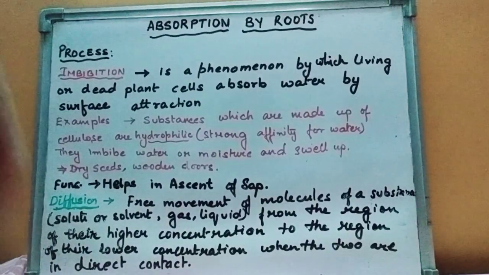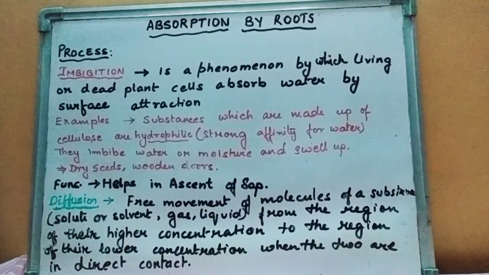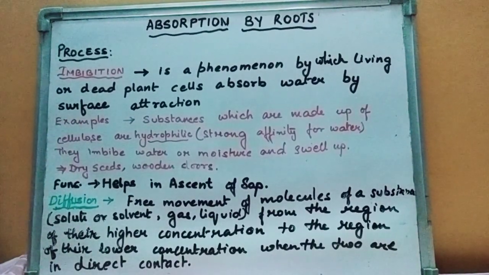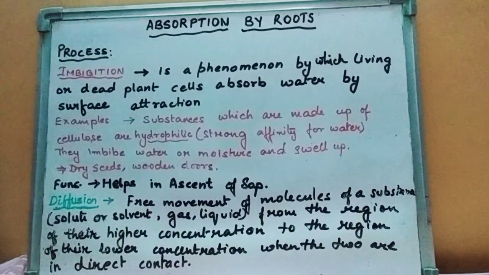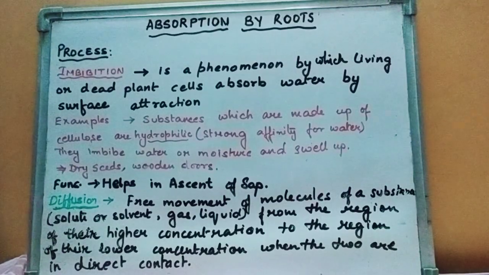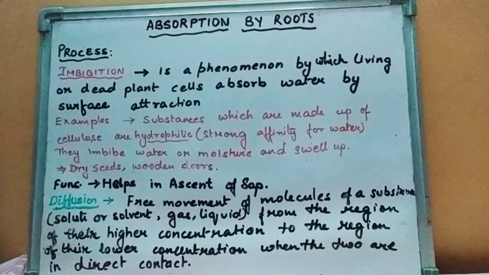Now this full process is called ascent of sap, that is the movement of the water and minerals. They are mainly in the upward direction, as roots absorb water and minerals from the soil, and xylem, the conducting vessels, transport them to the different parts of the plant from the lower to the upper one. That is why the word ascent of sap has come.